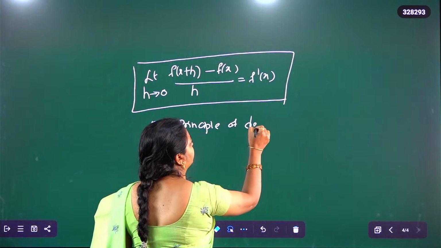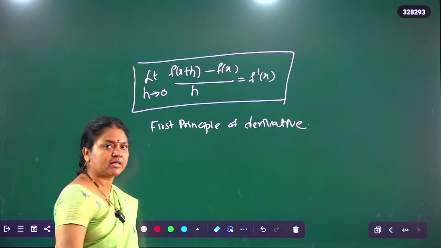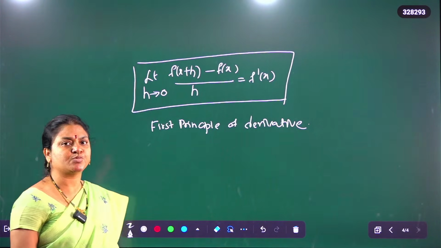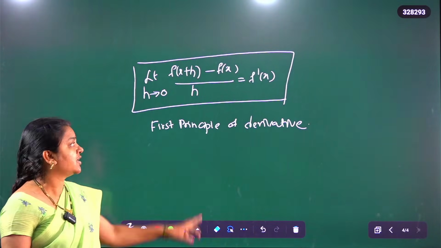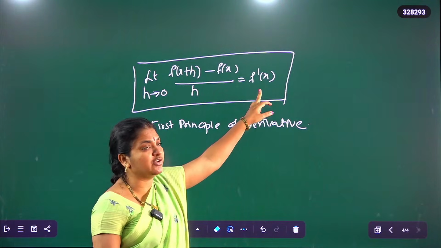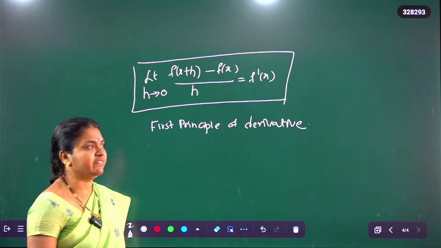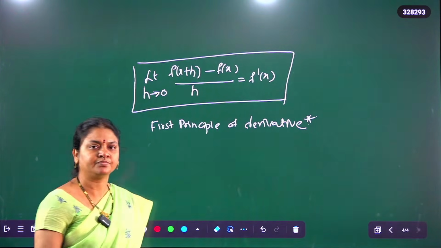This is one of the important concepts in this chapter. So f dash x is equal to limit h tends to 0, f of x plus h minus f of x by h. If this value exists, then we say this is the derivative value f dash x, and this is called the first principle of derivative.